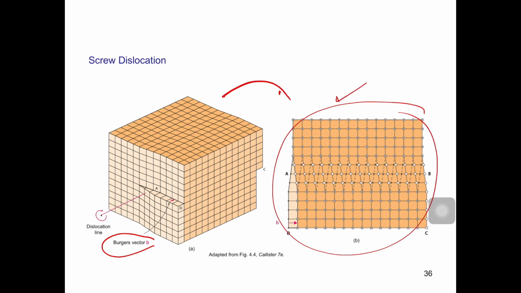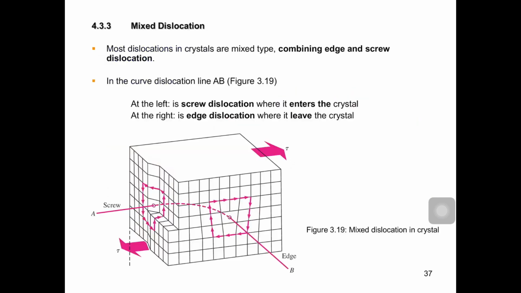All right, and then next is the mixed dislocation, the mix between the edge dislocation and screw dislocation. Most dislocations in crystals are mixed type, combining edge and screw dislocation.